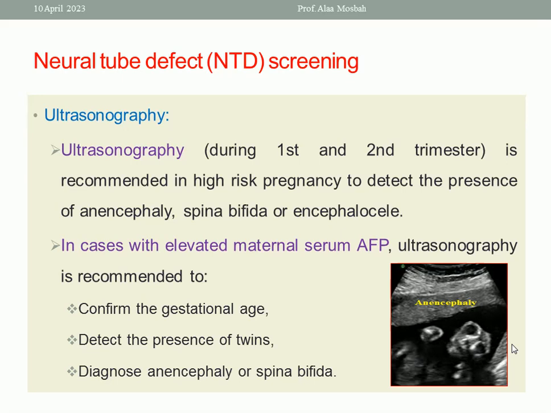So if I do the test for maternal serum alpha fetoprotein and it is positive, I should do ultrasound. Why should I do ultrasound? To confirm gestational age, to detect the presence of twin or singleton pregnancy, and to diagnose anencephaly or spina bifida. So ultrasound will detect any structural defect, like anencephaly or spina bifida also.